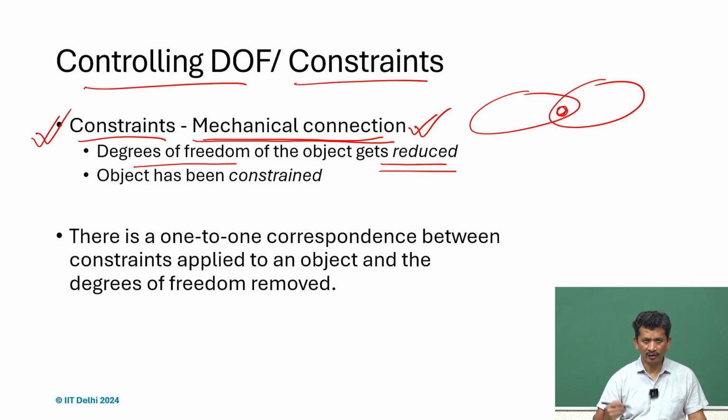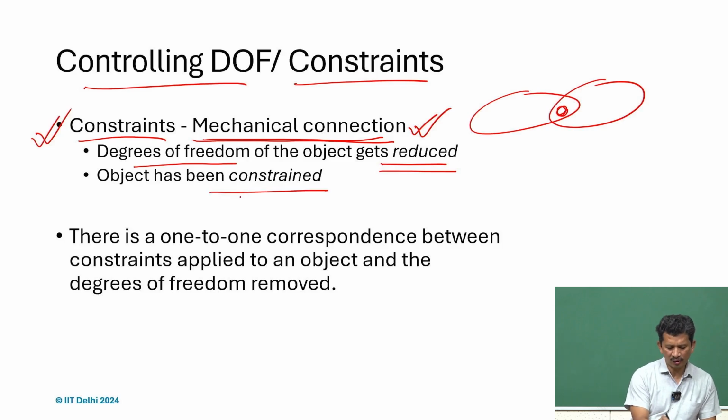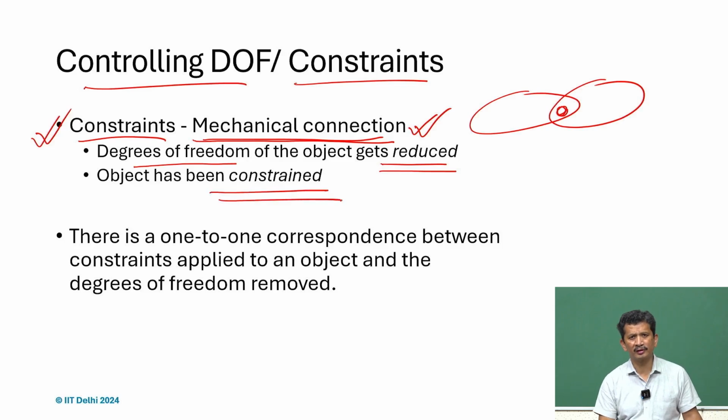Whenever there is a connection, highly likely there will be a reduction in the degrees of freedom of their motion, and we call that the object has been constrained. The motion is restricted, it is a constraint. These are the terms we will be using very frequently, and we should always have an idea what we are talking about.